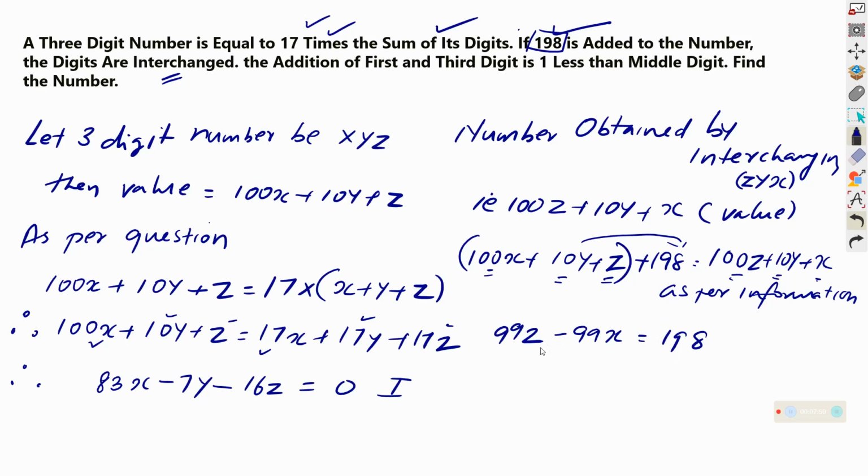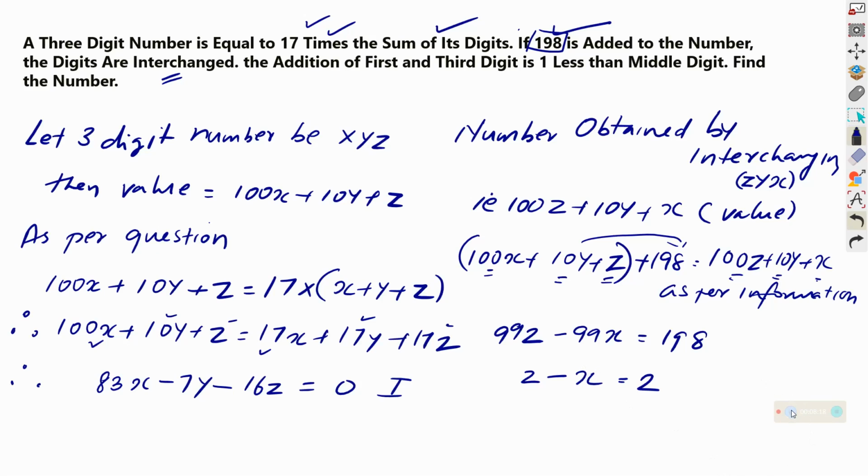I am keeping 198 on the right side, so I should bring that to this side. Naturally 99 is common. It will become z minus x is equal to 2, right? z minus x will be equal to 2 because 198 upon 99 is equal to 2. So we got an equation again here, z minus x is equal to 2.